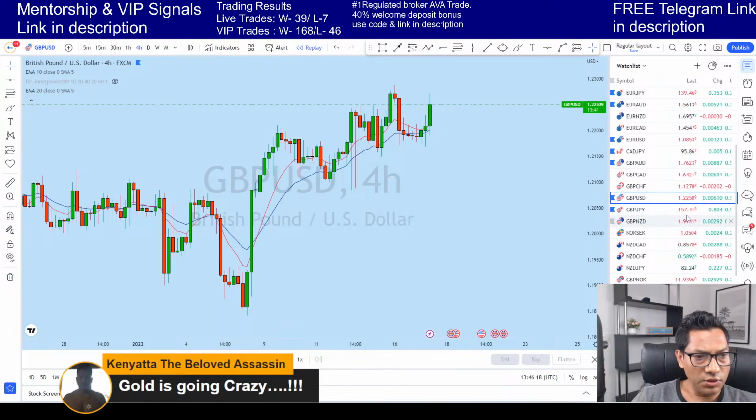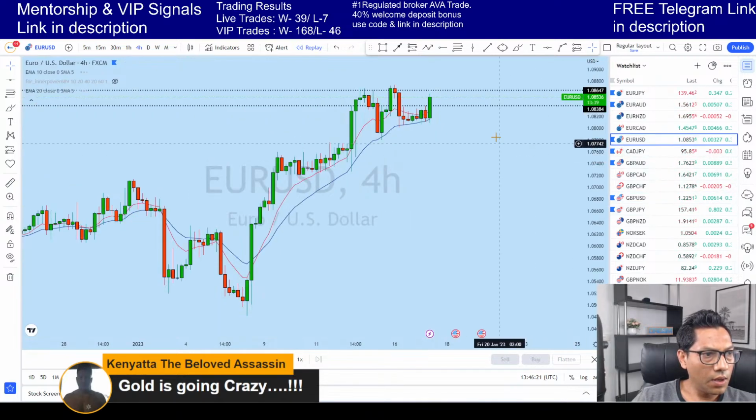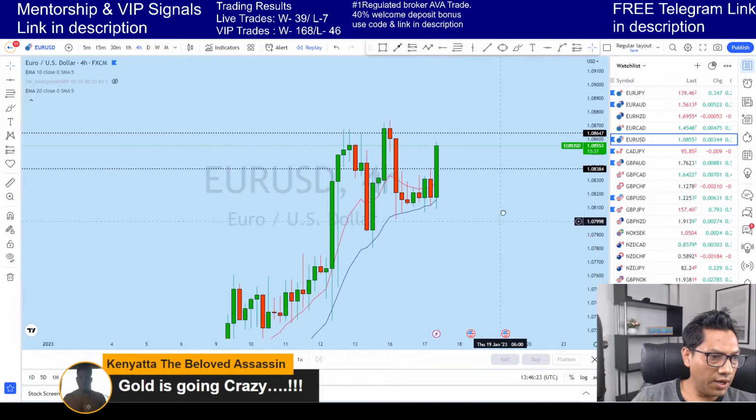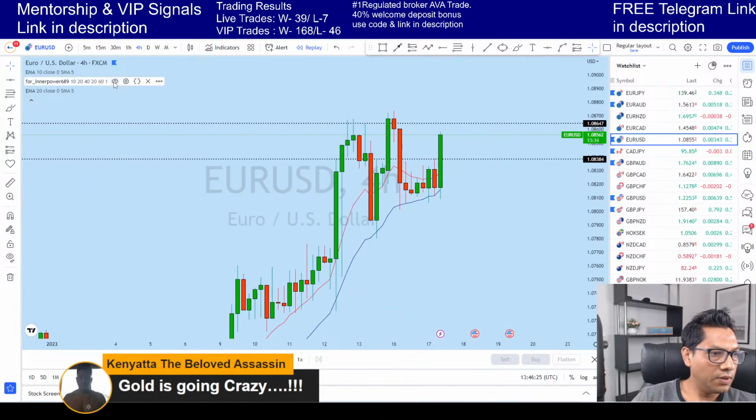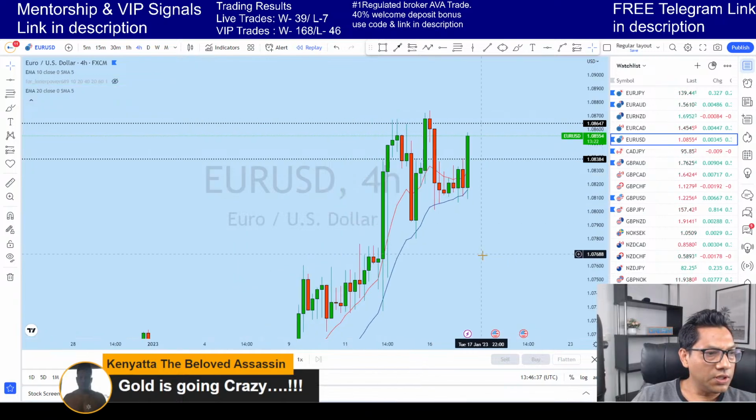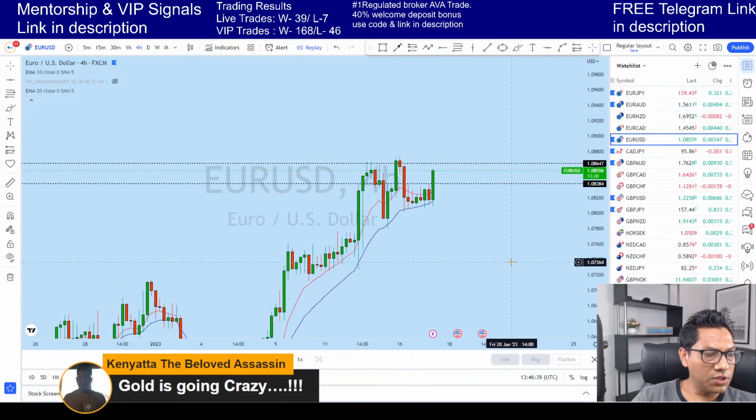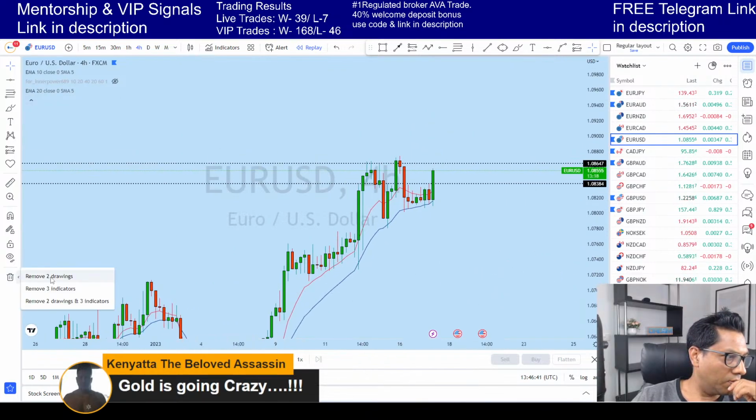Looking at GBP USD and euro dollar, also forming a strong bullish engulfer.